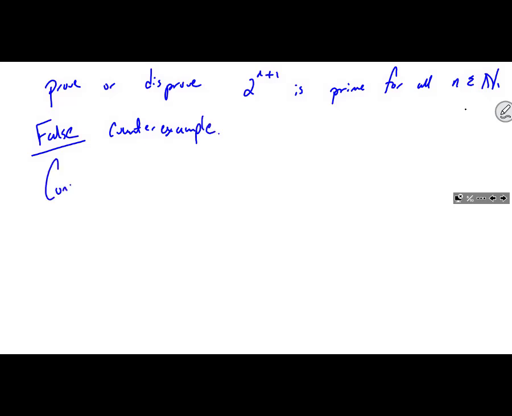So let us consider 2 to the n plus 1, and let's let n equal 3, which is itself a natural number. Okay? Then this needs to be 2 to the n, plus 1. That plus 1 does not need to be up in the exponent.